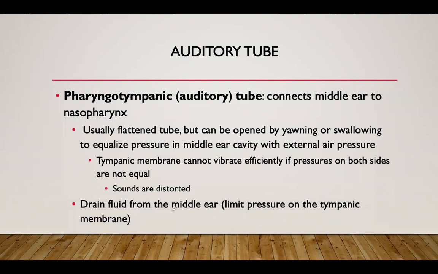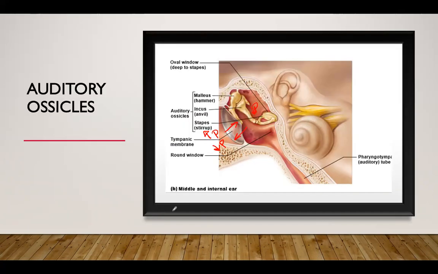Going back to the same picture, if you have fluid that is building up in this space right here and it has no place to go, that fluid is going to push on the tympanic membrane and limit the movement of the tympanic membrane. In severe cases, if you have significant buildup of fluid within the middle ear, you can actually rupture your tympanic membrane, so you can have a way for the fluid to move out.